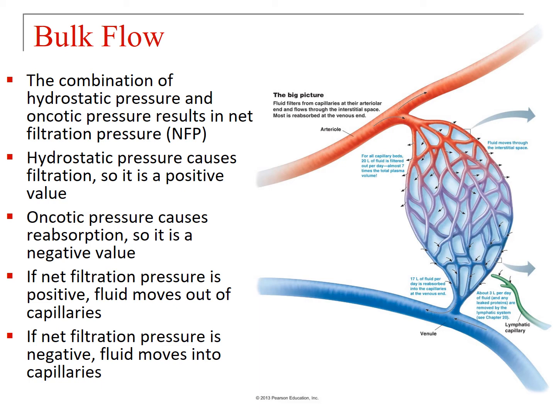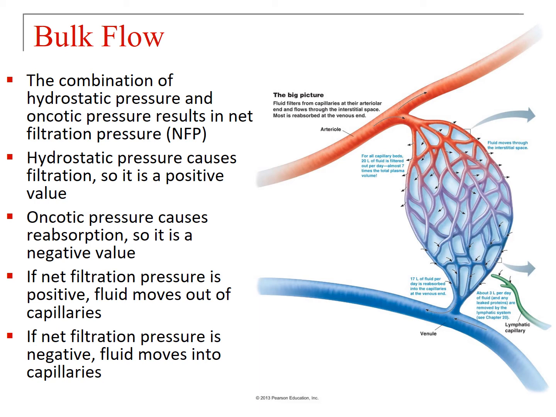Oncotic pressure causes reabsorption and gets defined as a negative value. So if your net filtration pressure is positive, that means that hydrostatic pressure is greater than oncotic pressure, and therefore fluid moves out of capillaries. If the oncotic pressure exceeds the hydrostatic pressure and you have a resulting negative value, this means that fluid is going to move into capillaries.